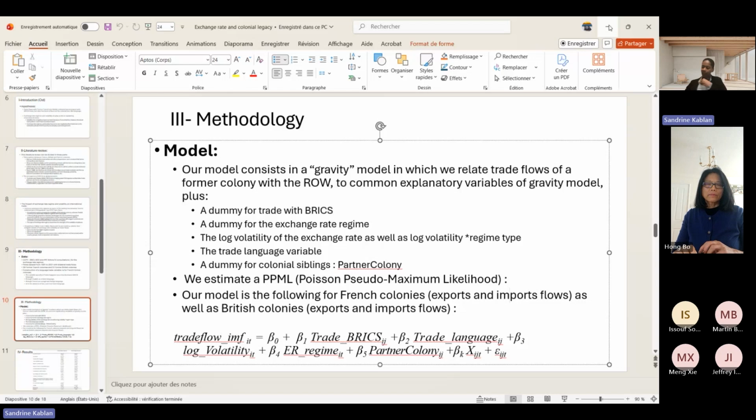So, of course, for me, it is something interesting to look at. And I think that there are many papers that have been interested in exchange rate, volatility, exchange rate regime, and trade patterns. For example, the paper of Longkeng. So I thought that it was something interesting to pinpoint.